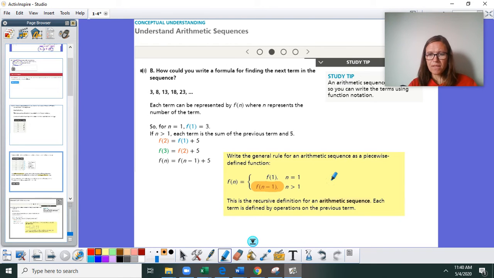So this is the recursive definition of an arithmetic sequence. Each term is defined by operations of the previous term. What did we do to now to get next? In this case, we're adding 5.